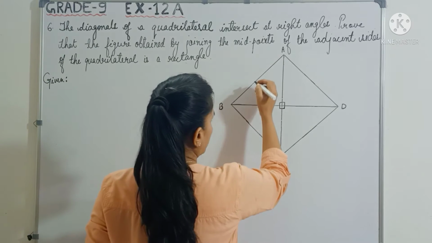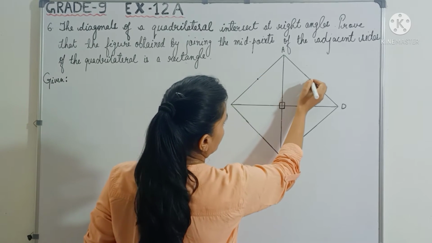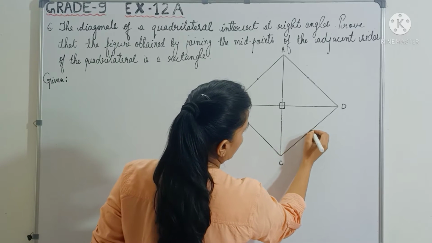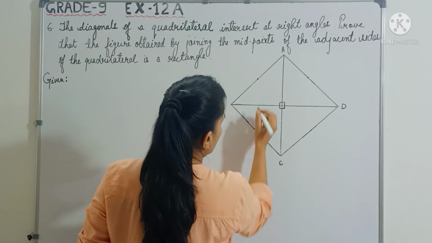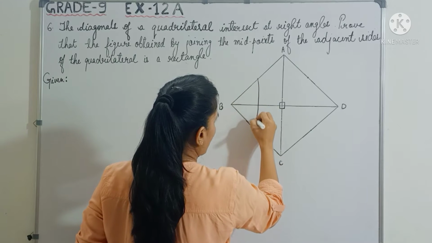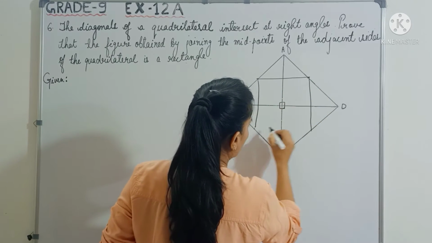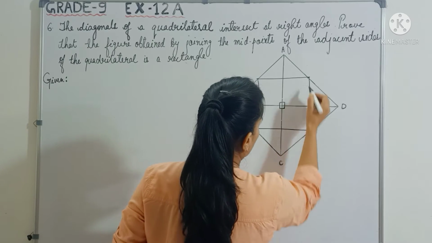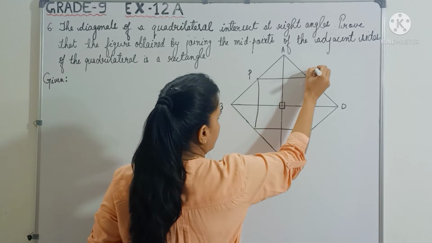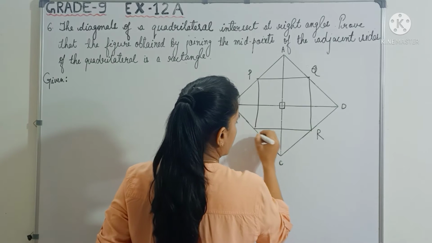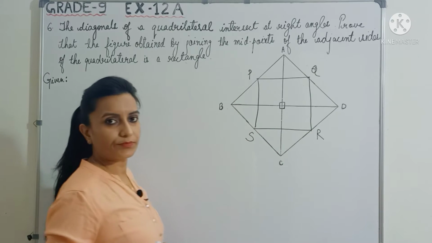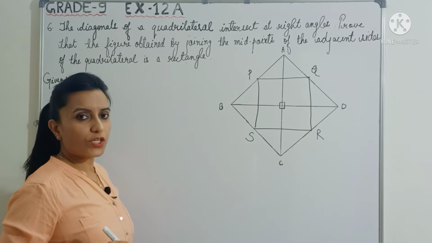So let's take the midpoints of the adjacent sides of this quadrilateral. When you join these midpoints, the quadrilateral which you will get, PQRS, we have to prove is a rectangle. I hope the question is clear.